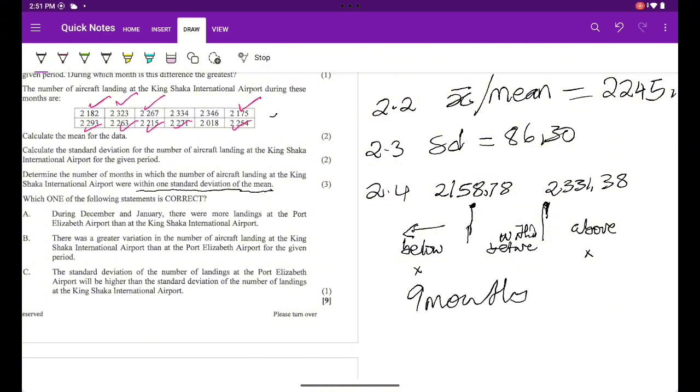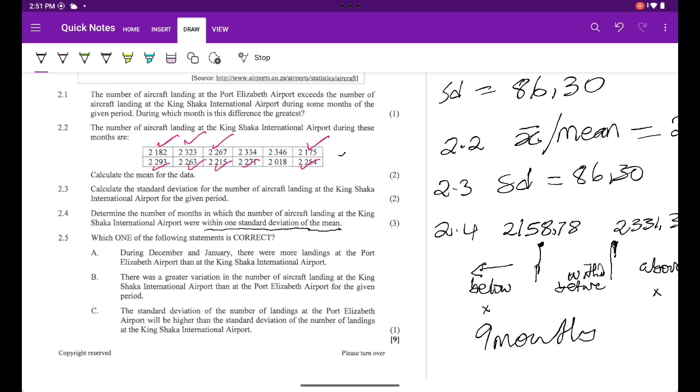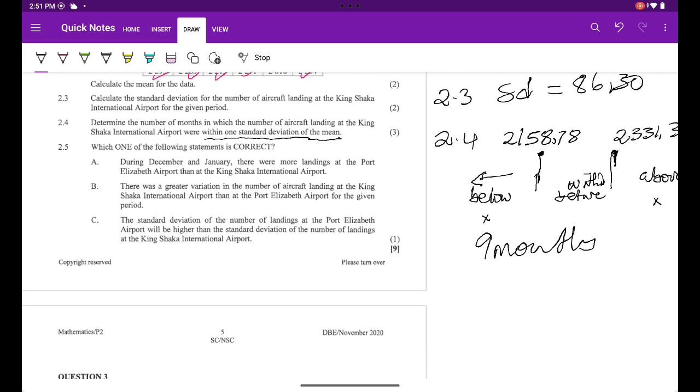Let's check. Determine the number of months in which the number of aircraft landing at the King Shaka International Airport were within 1 standard deviation from the mean. So the answer is 9 months. That's question number 4. So let's look at 2.5.